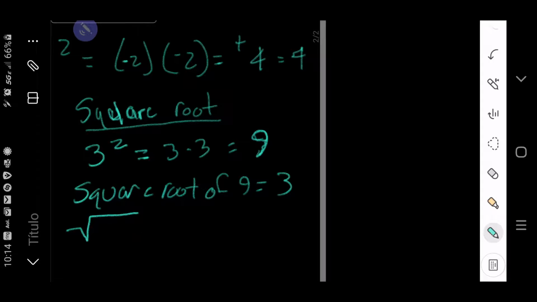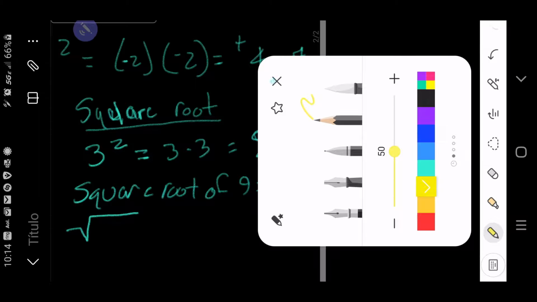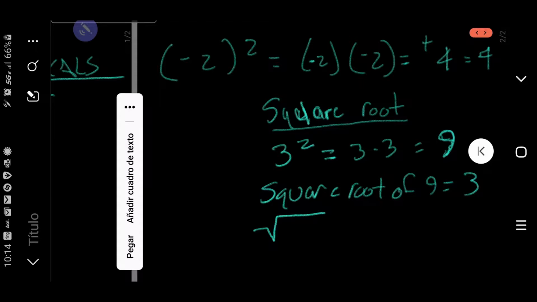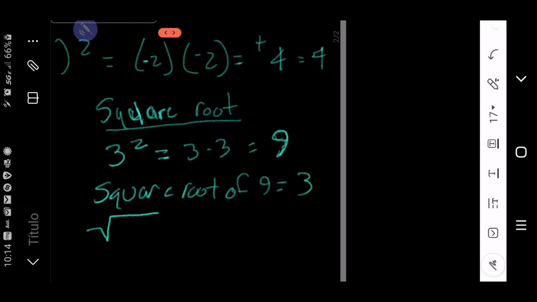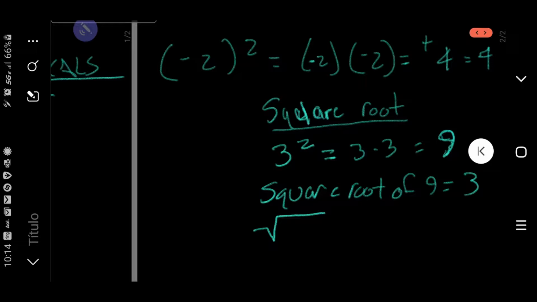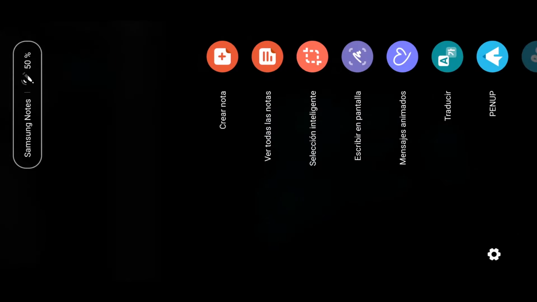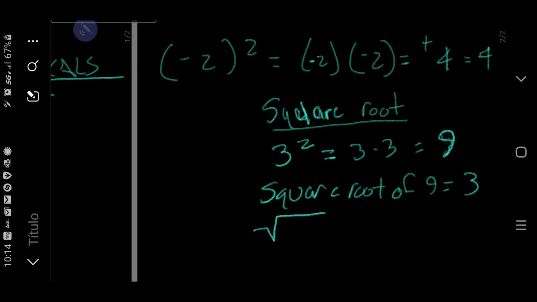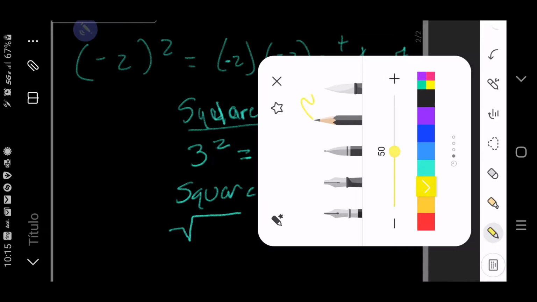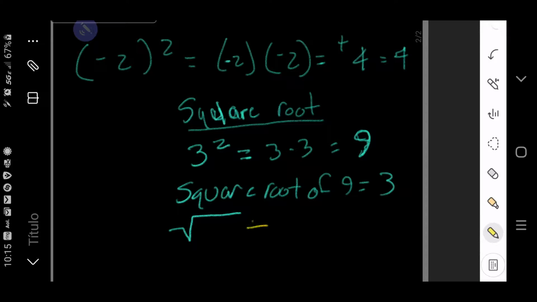So this symbol is called the radical sign. Okay, and that will be this.